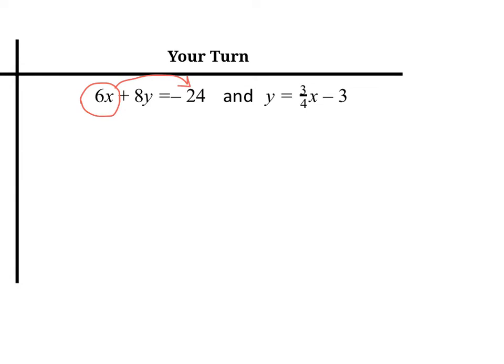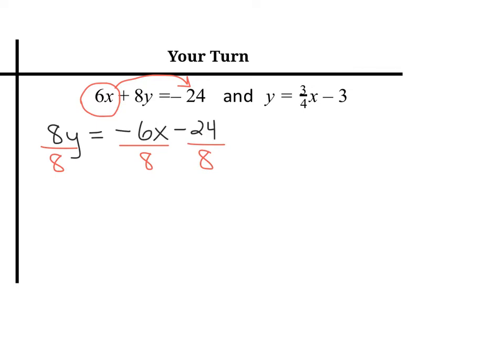So that's going to leave me with 8y equals negative 6x, and then I still have this minus 24 on the right-hand side. So now my terms are in the right order. The last thing I need to do is get rid of this coefficient of 8 that is attached to my y. So what I'm going to do is divide out every single term in the equation by 8.